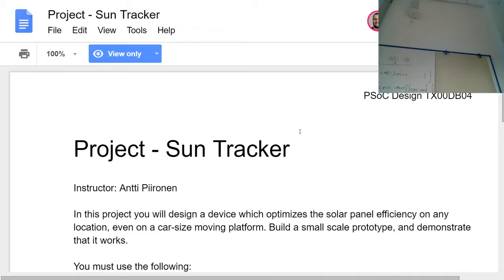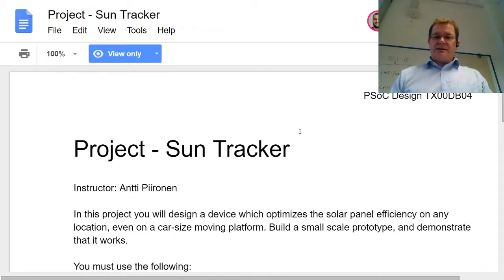This takes a small amount of energy. Moving a real solar panel would take a lot of energy. So you measure with a small amount of energy to move it with a higher energy, but still get the highest amount of energy out of the system. Okay, something like that.